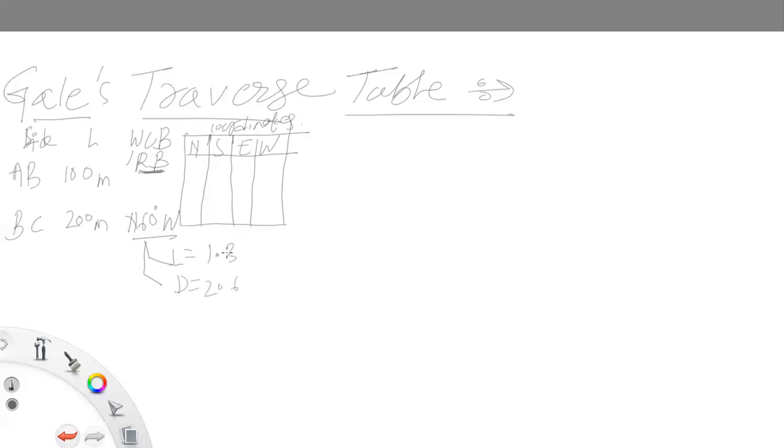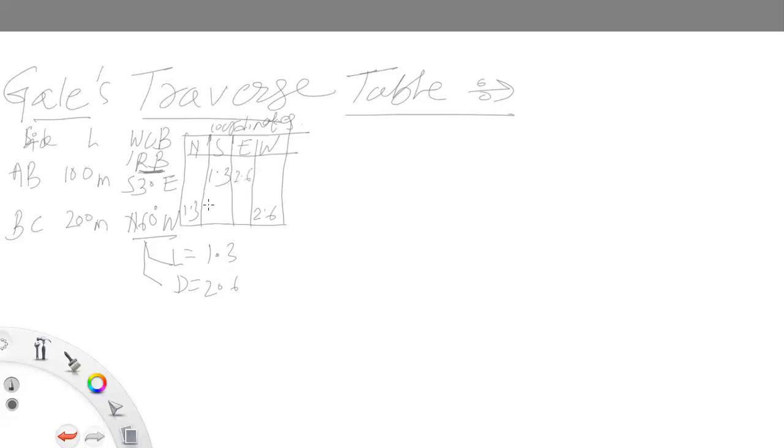Then this L, 1.3, you will write in north as 1.3, and this D as 2.6 you will write in west. Now let us assume another example, south 30° east. If the same values are there, then you will write 1.3 here in south and 2.6 here in east, because east is given.